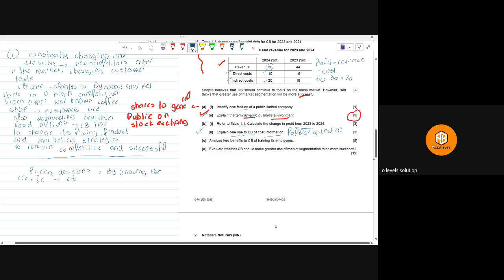CB is able to know how much cost there is to produce and sell its coffee and food products.